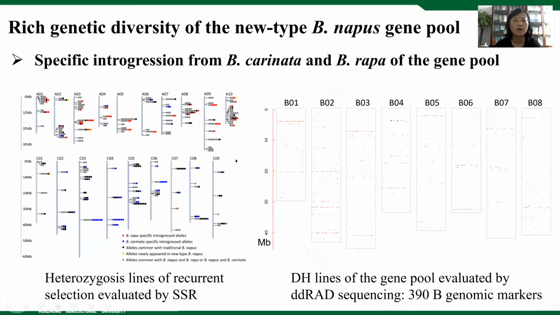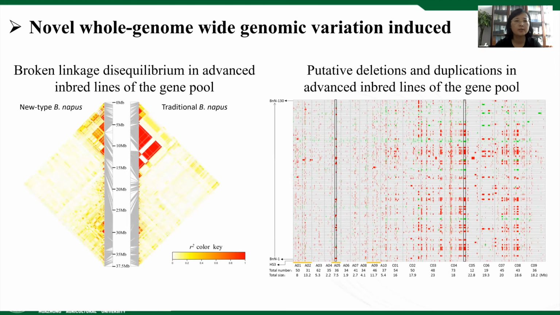Besides the introgression from the A and C genomes, there is also some minor introgression from the B genome into the A and C genomes. We also found that in this gene pool the old linkage disequilibrium blocks have been broken, and there are a lot of deletions and duplications across the A and C genomes.